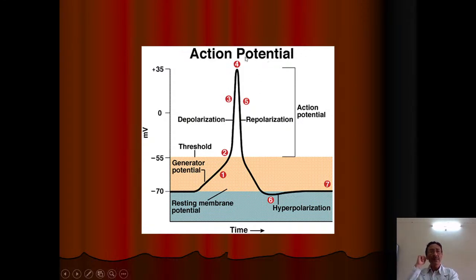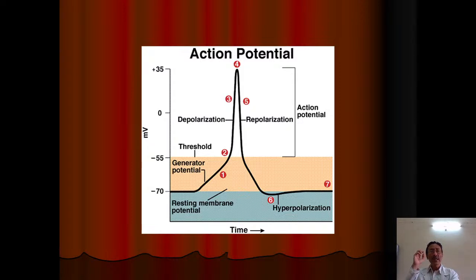Now at plus 35, two things are happening. Remember the Nernst potential for sodium ions. At plus 35 millivolts, the further diffusion of sodium ions will stop.